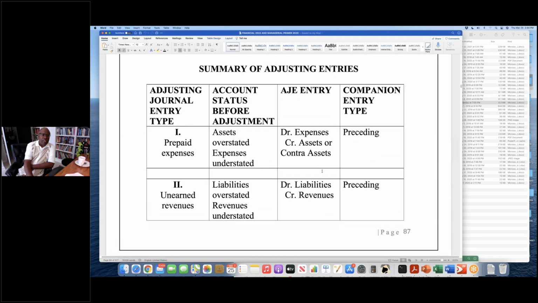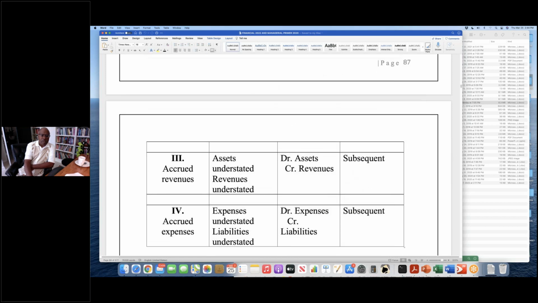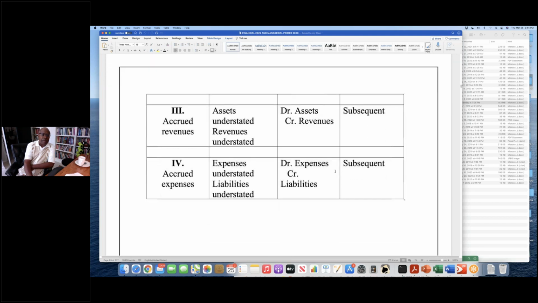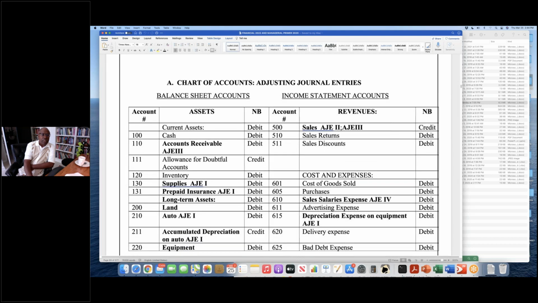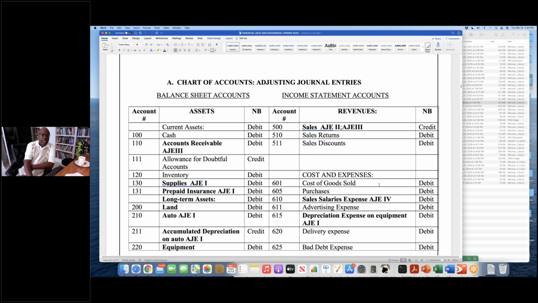When we get to AJE type 3, which is accrued revenue, this is something that we have indirectly worked with already. So the accounts involved are going to be a receivable and revenue. So revenue can be involved in an AJE 2, or it can be involved in an AJE 3. Okay, so I'm showing you where the accounts are.